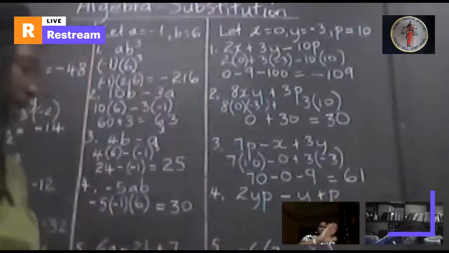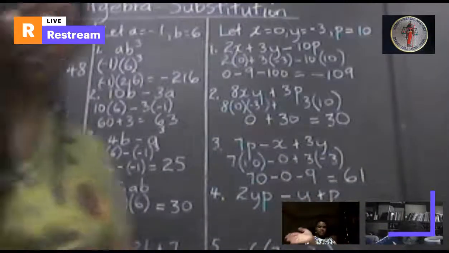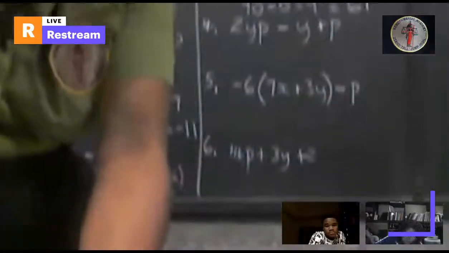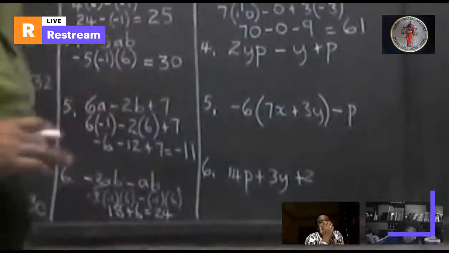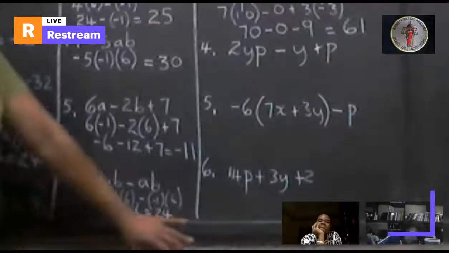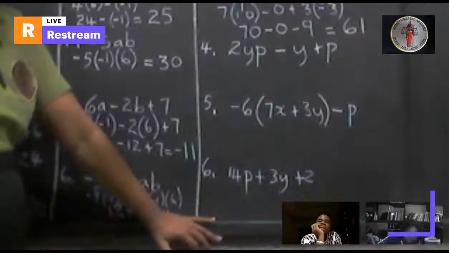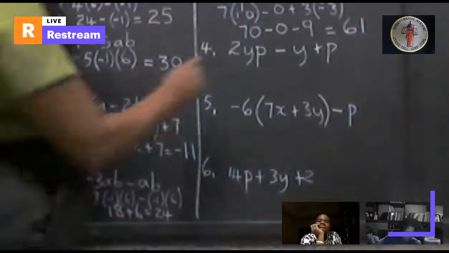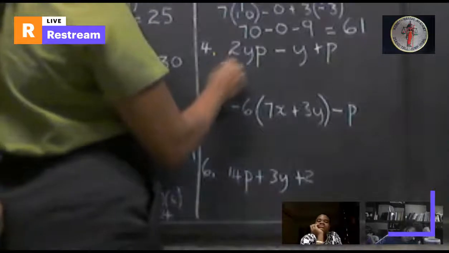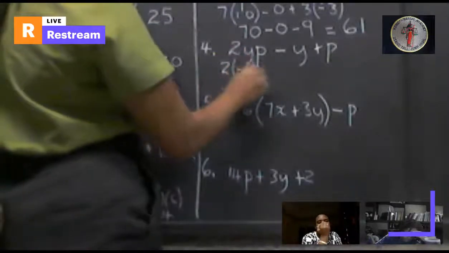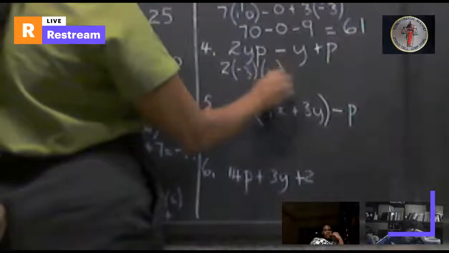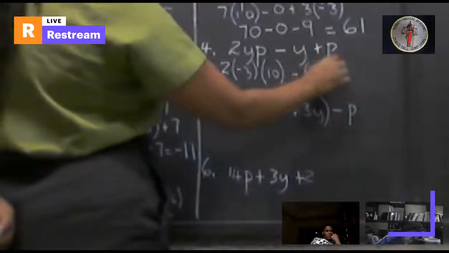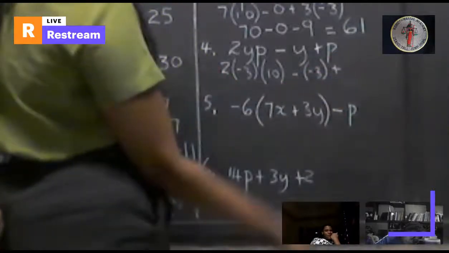Number 4, we have 2yp minus y plus p. So let me bring down the screen a little. That would be 2 times negative 3 times 10, minus negative 3, plus 10.